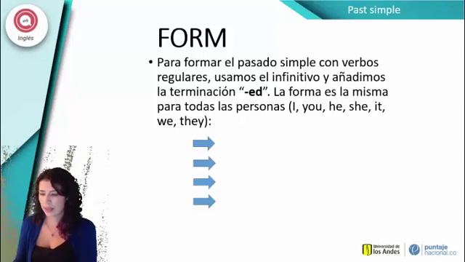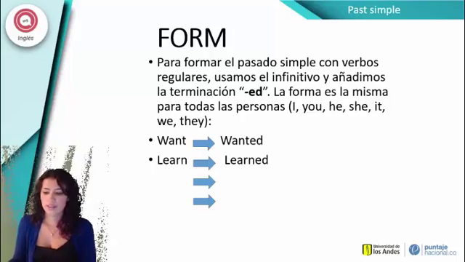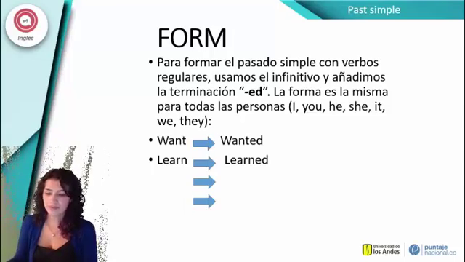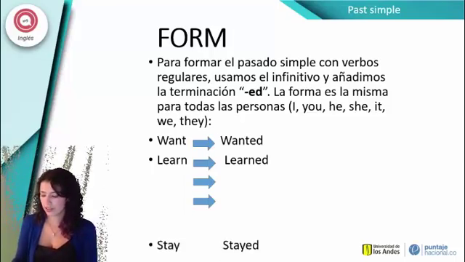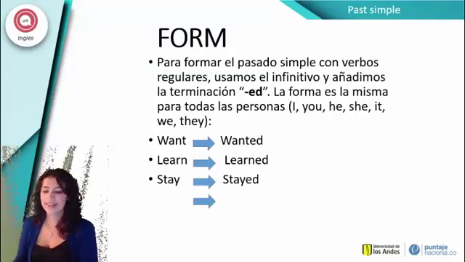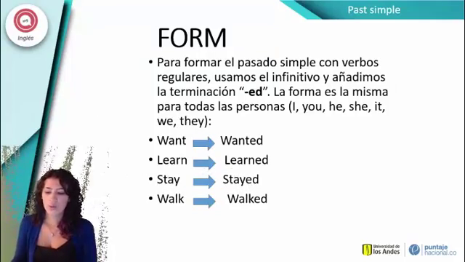It's always the same. So we're going to check some examples. We have want and wanted, learn and learned, stay and stayed, walk and walked. Yeah? So as you see, we have the verb in infinitive, want, and we just have to add the ed. Because these verbs are regular verbs.